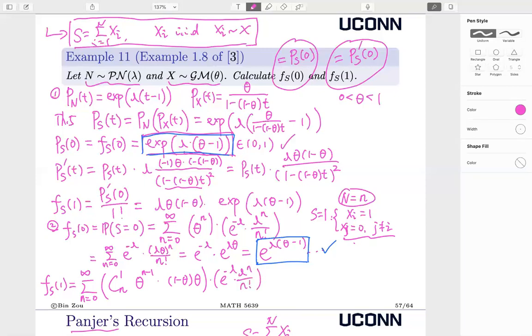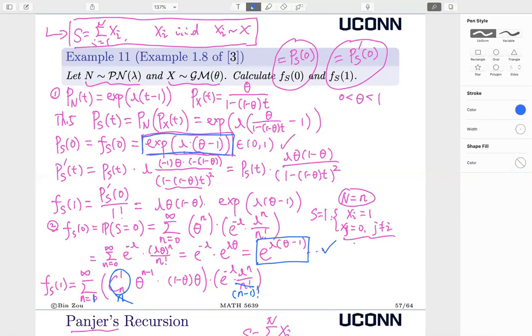Okay. Now we can do the analysis. Let me use a different color to do a little calculation. So this is n. So this n will cancel with this n factorial. It becomes n minus 1 factorial. Obviously, when n is 0, this thing is gone. So you don't need to discuss 0. So we can start with 1, because when n is 0, S is 0.